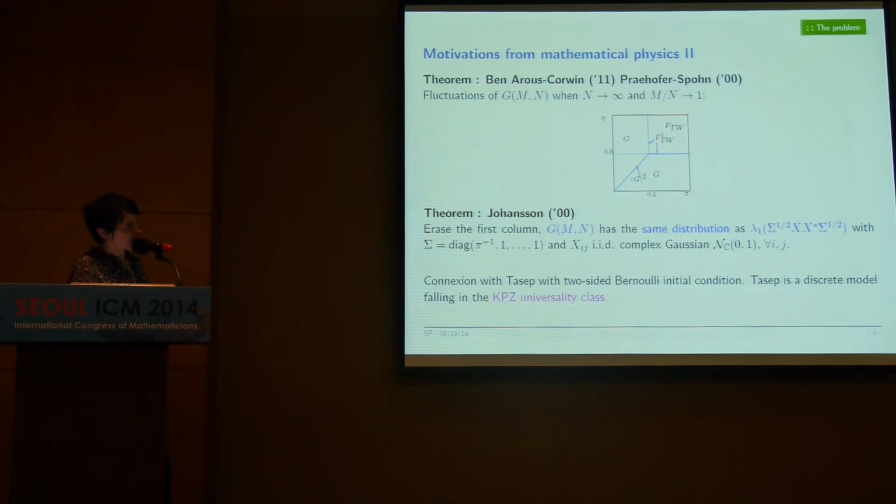All I want to say is that for any value of the rate of the exponential, the fluctuation of G is related to the fluctuation of the largest eigenvalue of a deformed random matrix. So this is, for example, the Tracy-Widom distribution.